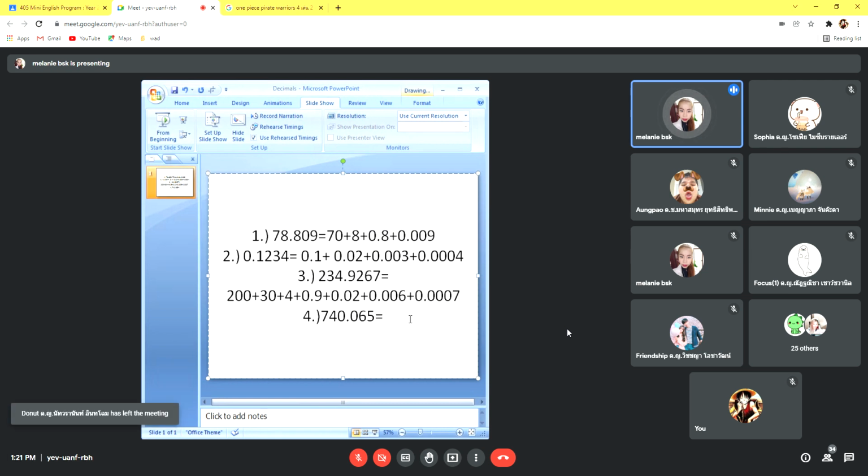We are still in our activity. Okay, so if you're going to expand this one, children, how are you going to expand this decimal number? So we have 740 and 65 thousandths. Okay, so how are you going to write this one, Sophia? 700.